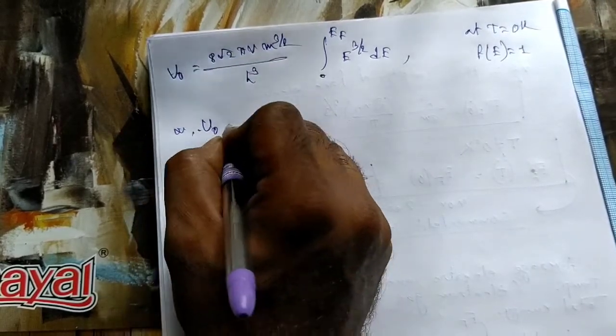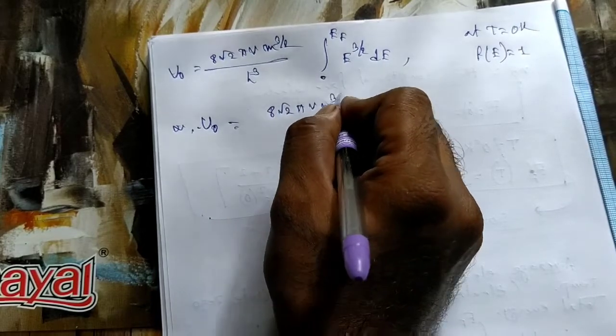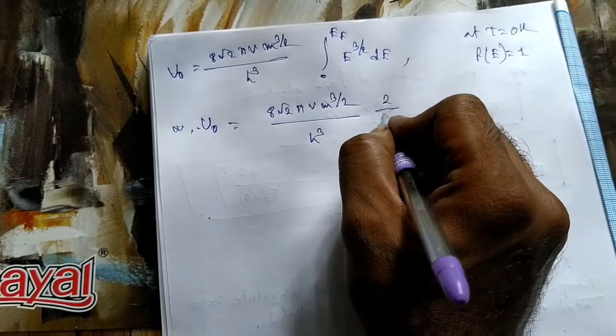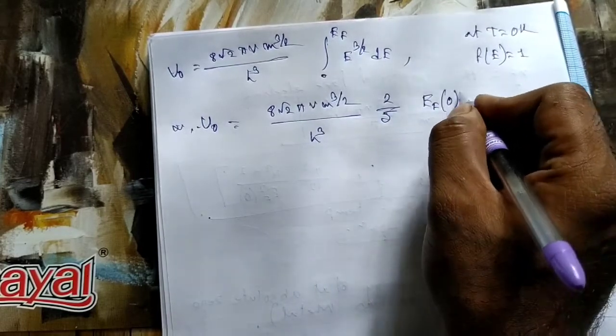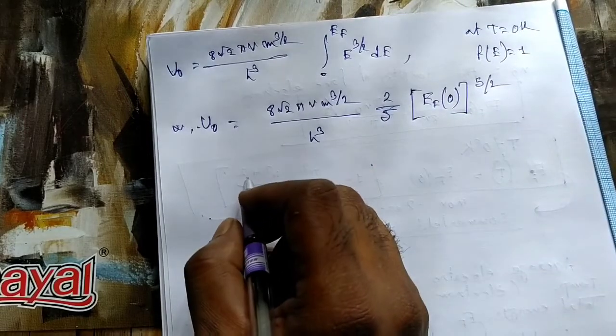We calculate the total energy: 8 root 2 pi V m to the power 3 by 2 by h cube, times 2 by 5 EF to the power 5 by 2, for the 0 degree temperature.